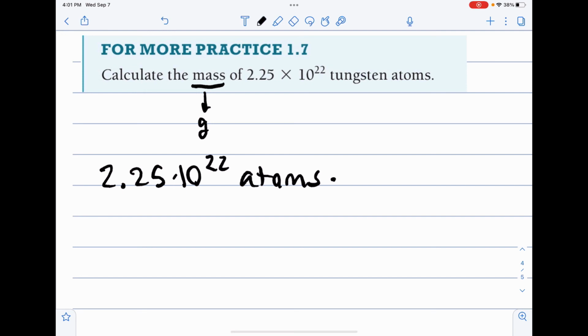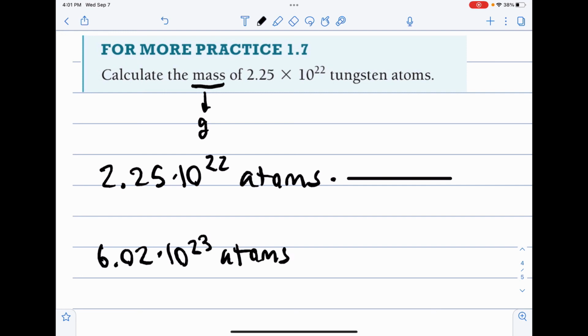So we have this, and then we're going to multiply it by a fraction. And one of these sides, the top or the bottom, is going to be 6.02 times 10 to the 23rd atoms. And one of those sides is going to be 1 mole. Now, do I want to do it like this, with the atoms on the top and the mole on the bottom?